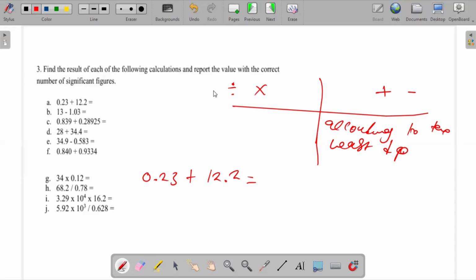What of here? How many decimal places are we having? 1. So now the principle is simple. Leave your answer according to the least decimal place. So your final answer should have 1 decimal place, isn't it? 1 is smaller than 2, right? So your final answer should have 1 decimal place.